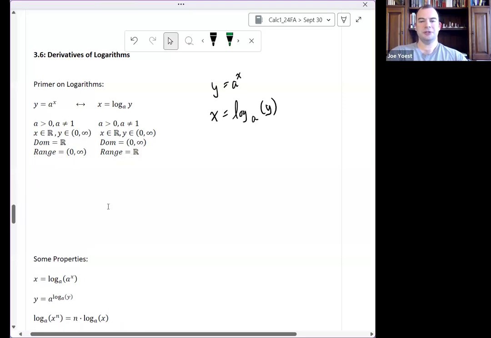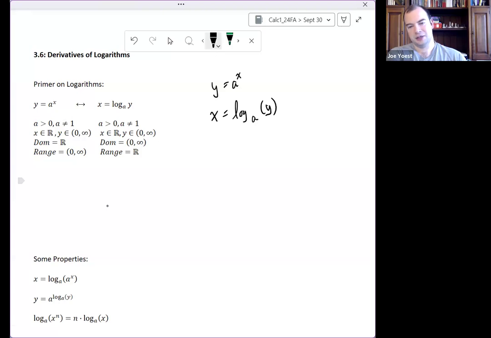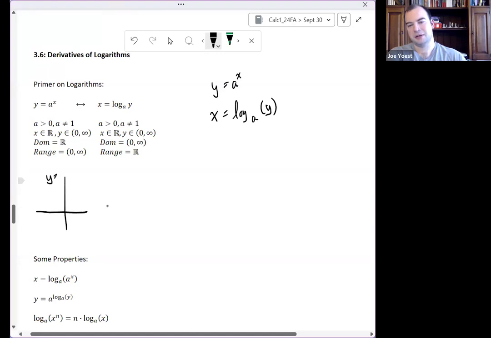Let's look at a couple of graphs. So kind of our standard y equals, say, 2 to the x. 2 to the power x looks like this.